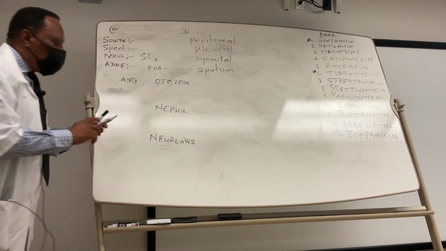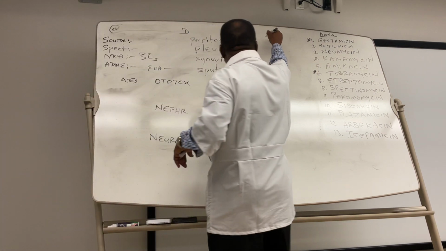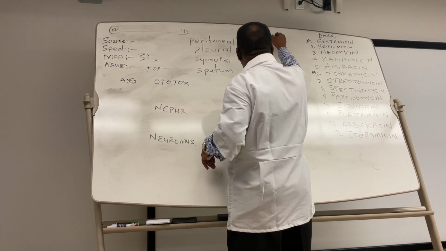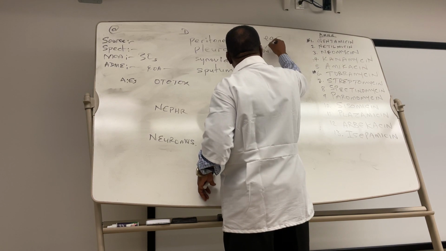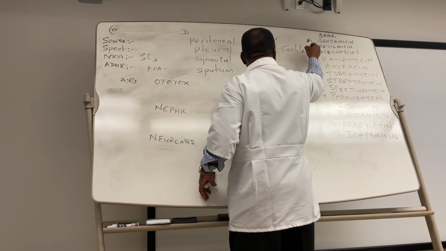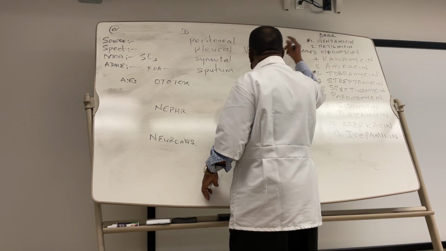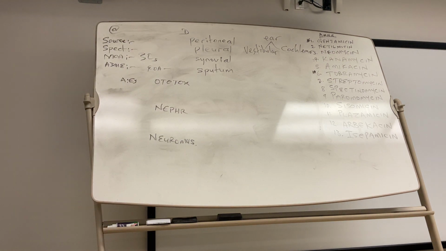Now, do the other toxicity. If you're talking about your ears, you have two functions, right? Vestibular and then your cochlear. Vestibular and cochlear functions, that is balance versus hearing. Okay?